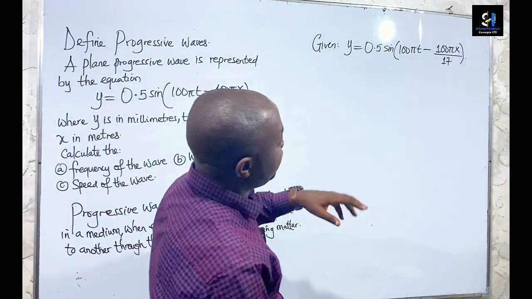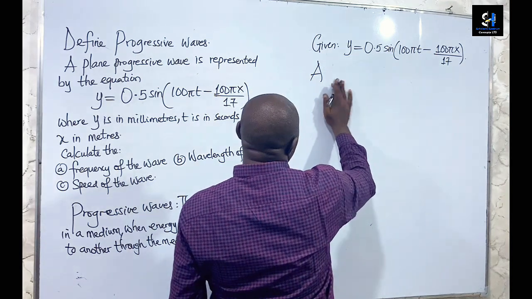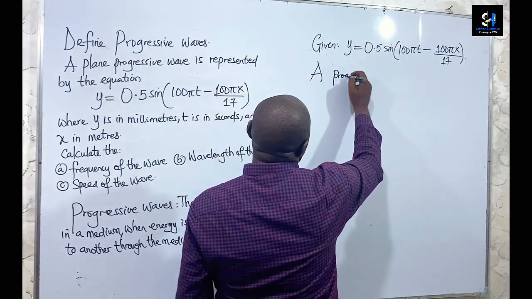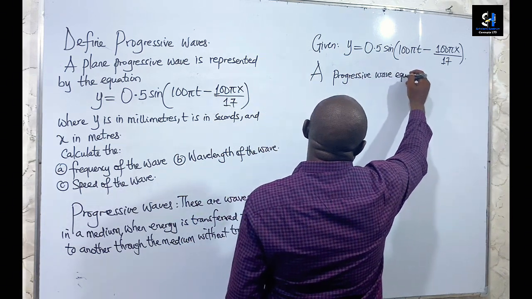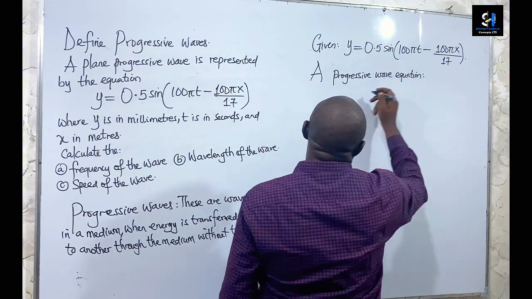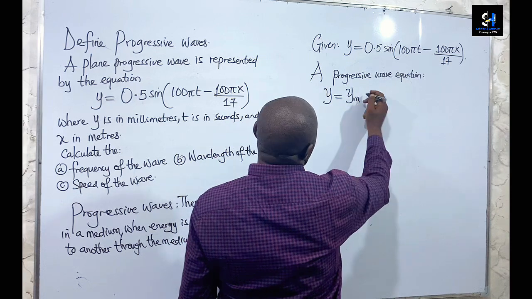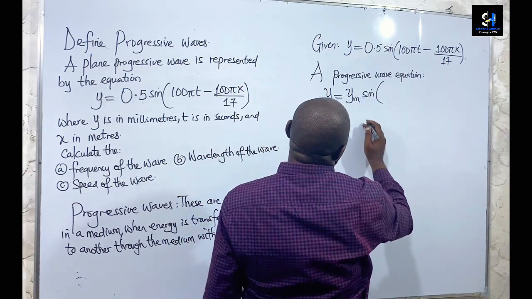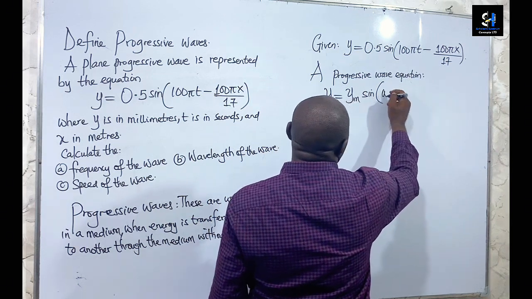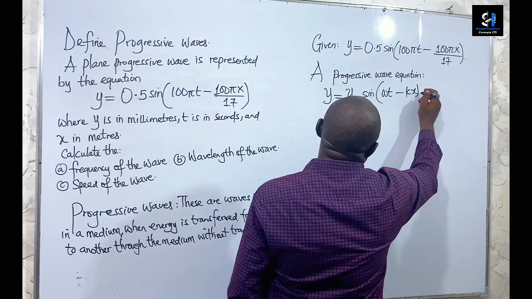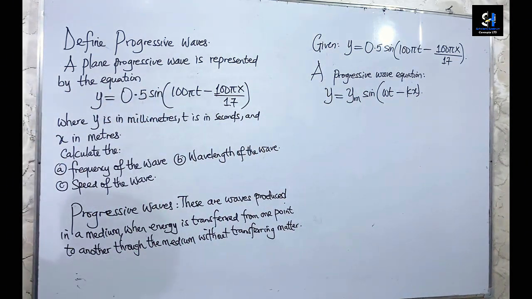To calculate the frequency of the wave, we know that a progressive wave equation can be given by y equals y subscript m, which is the amplitude, times sine of (wt minus kx).